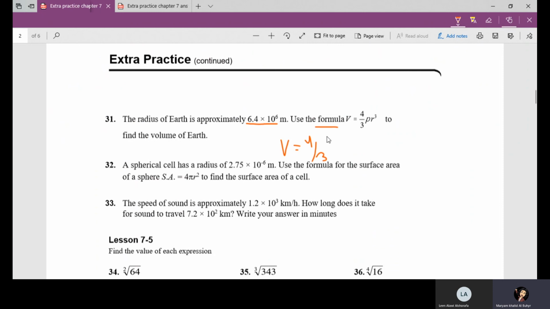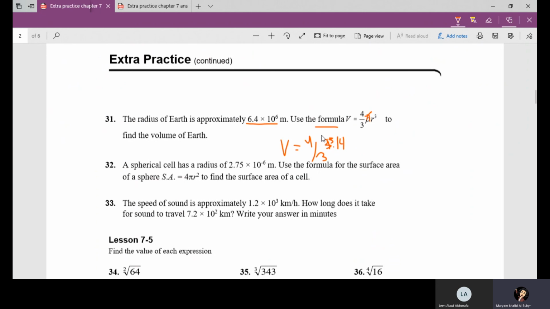They did not give me P. I'll keep P as it is, times pi. That is pi, by the way. I'm sorry, that is pi, but it does not show well.